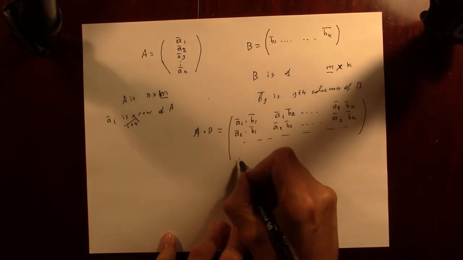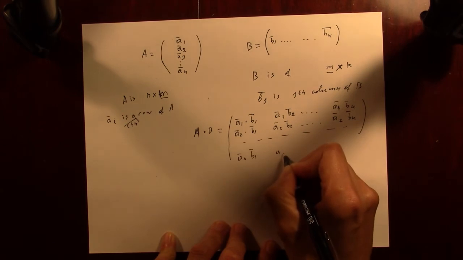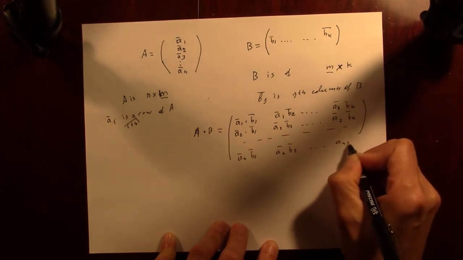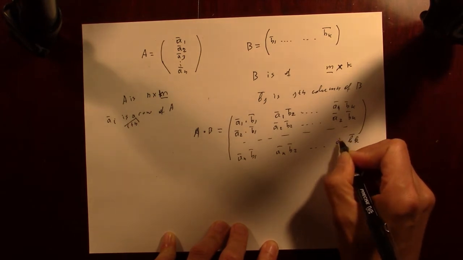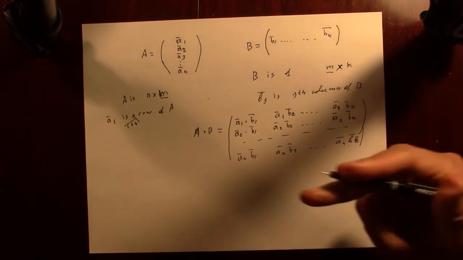So the last row is going to be An times B1, An times B2, and so on, An times BK.